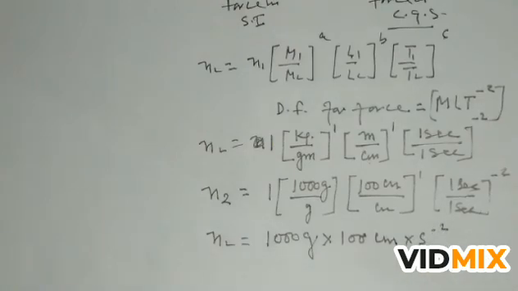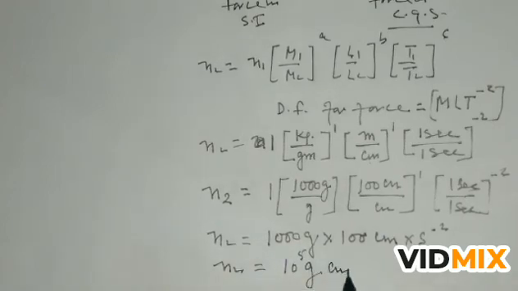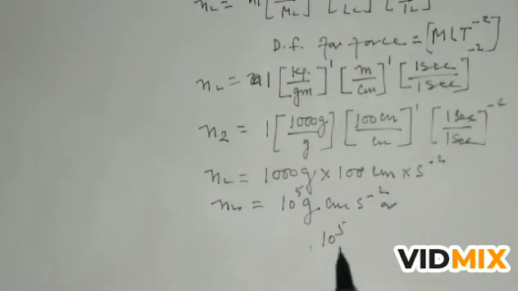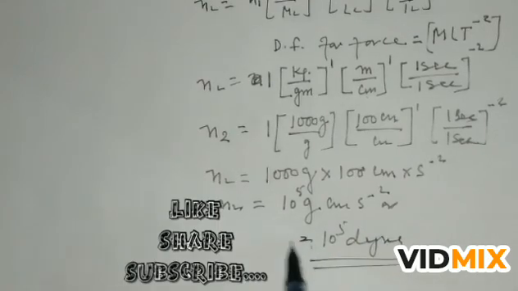So this will be n2 is equal to 10 to the power 5, 1 2 3 4 5, 10 to the power 5 gram centimeter per second square, or 10 to the power 5 dyne. This is the way how to convert any of the physical value into the different unit.